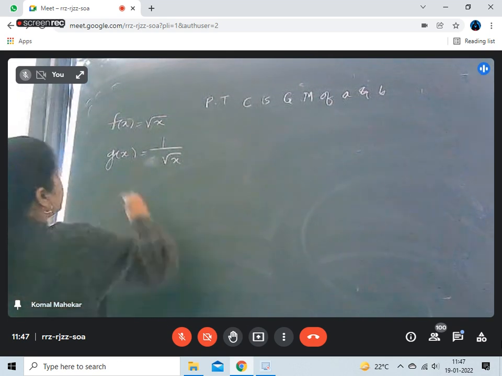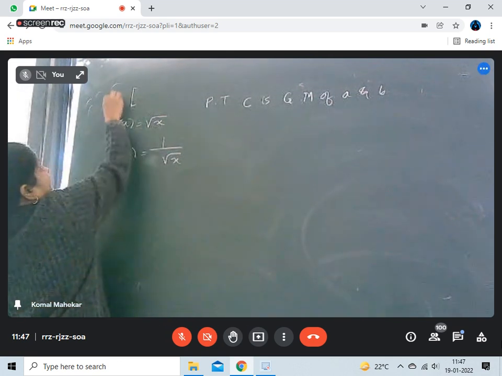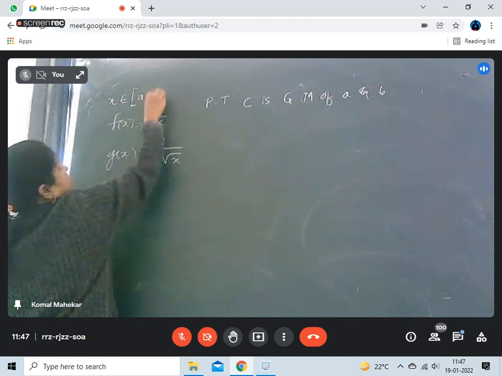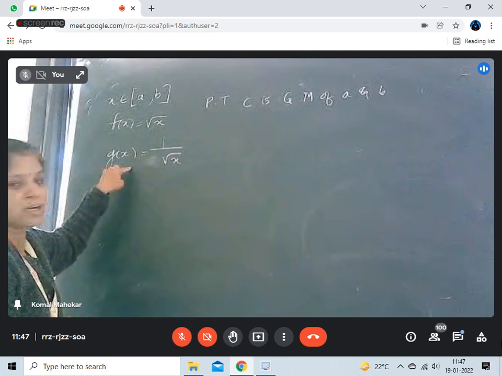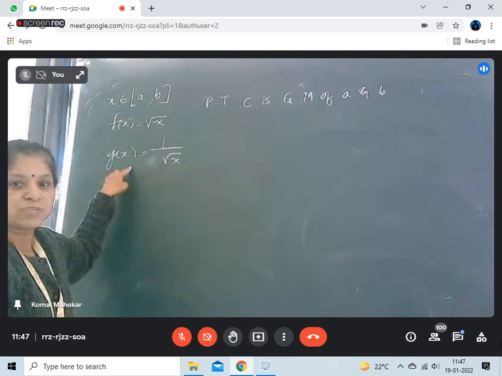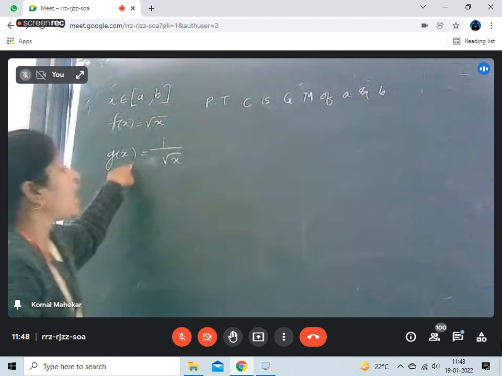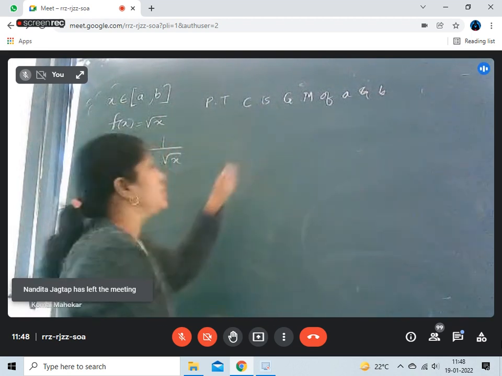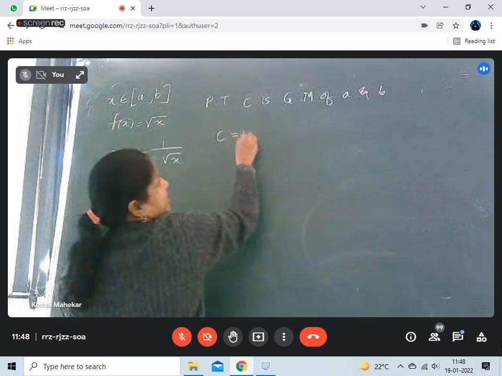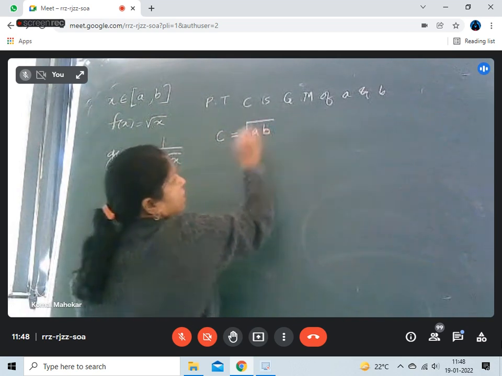So in general, we consider x which belongs to the closed interval a to b. If these are the two functions, then by Cauchy's mean value theorem, we have to prove that c is the geometric mean of a and b. Geometric mean means we have to prove that c is nothing but square root of ab.